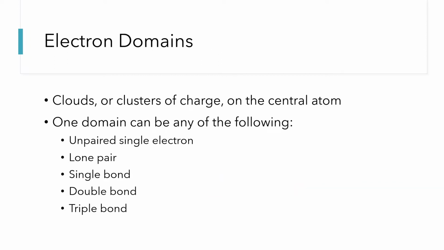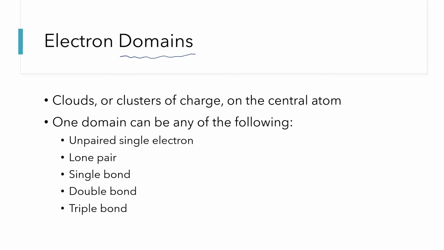There's one term that I'm going to need to define before we jump into VSEPR theory, and that is the concept of an electron domain. An electron domain is any cloud or any cluster of charge that's on the central atom in the structure we're analyzing. That cluster or cloud can be due to any one of the following. It could be due to a single unpaired electron in a species we call a radical.